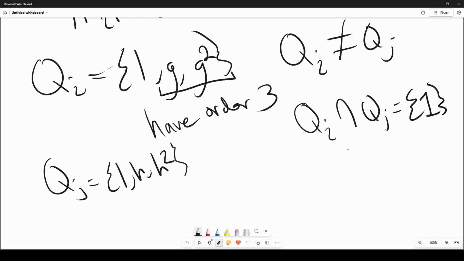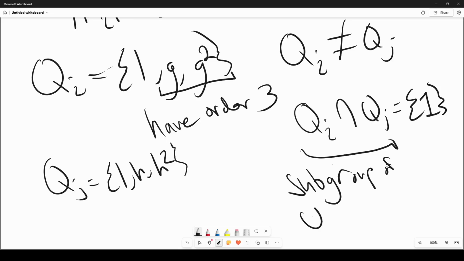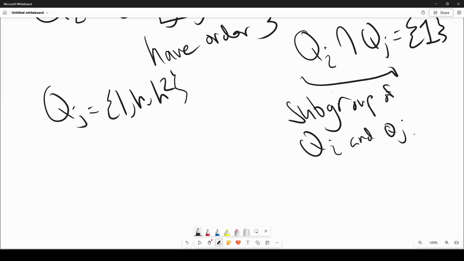Another way of proving this is knowing that the intersection of qi and qj is a subgroup of qi and qj, and because of this, it has to either be just the identity or the entire group. It can't be the entire group because they're not equal, so it has to be the identity, and that's because 3 is prime.